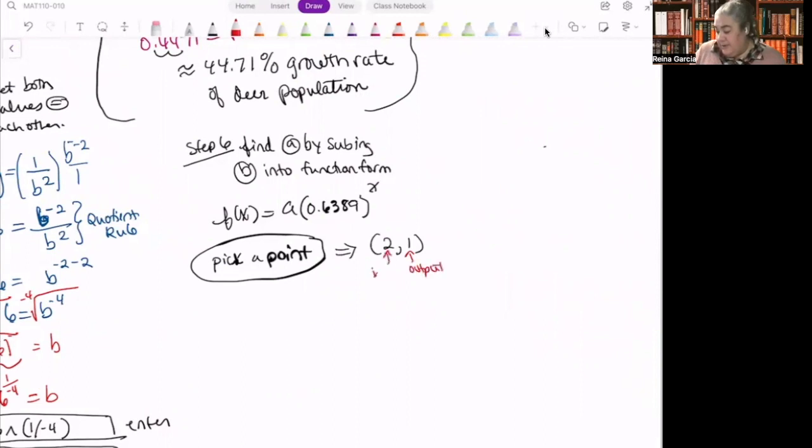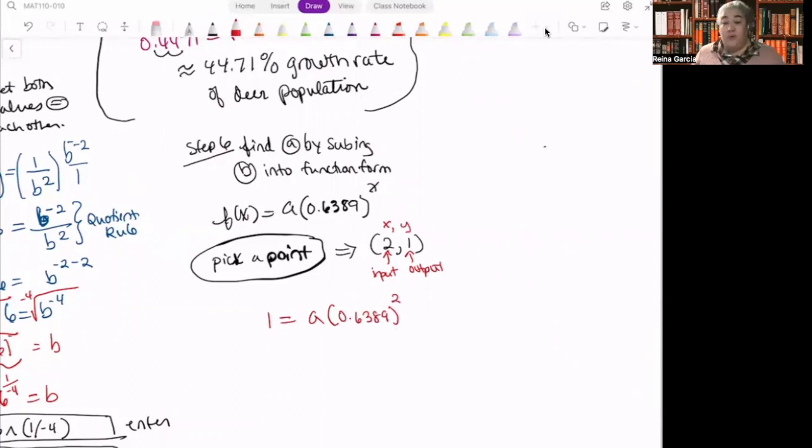This is my input and output, or x and y, however you want to look at it. So my output is 1 equals a times the b that I finally found, 0.6389, raised to the square power, because that's my input.